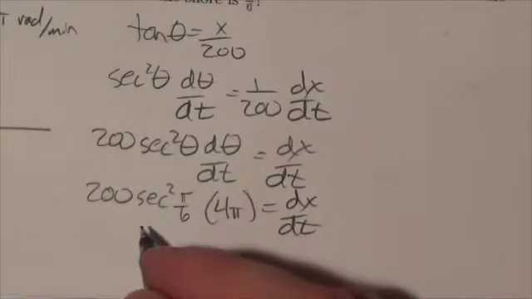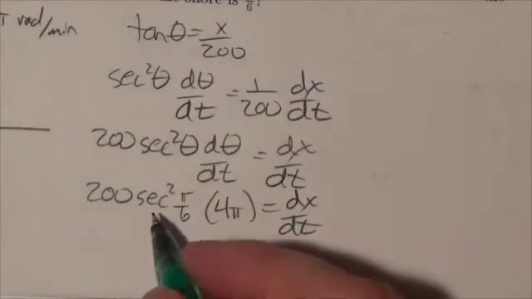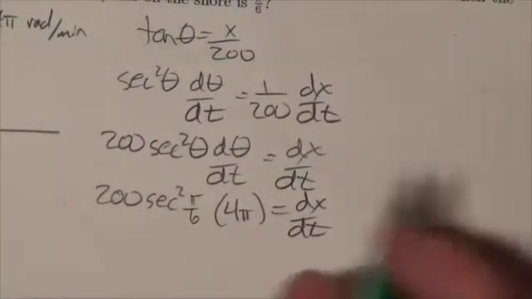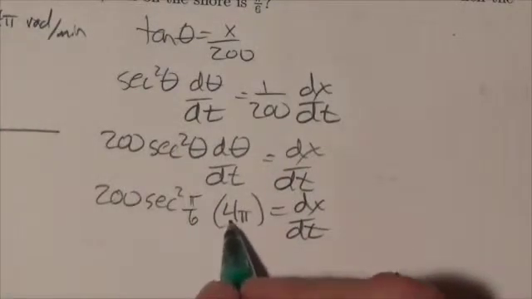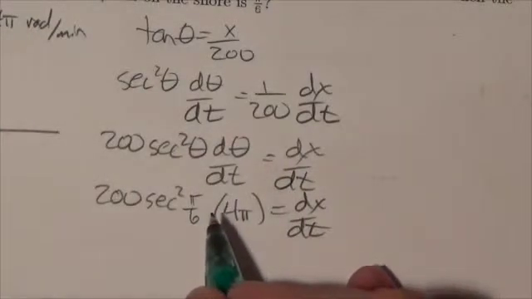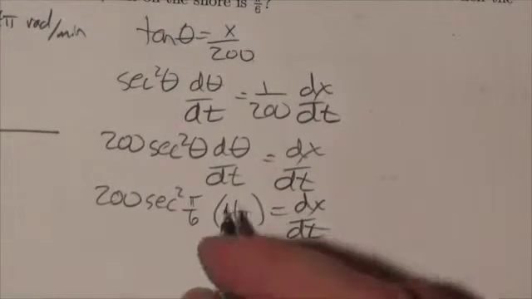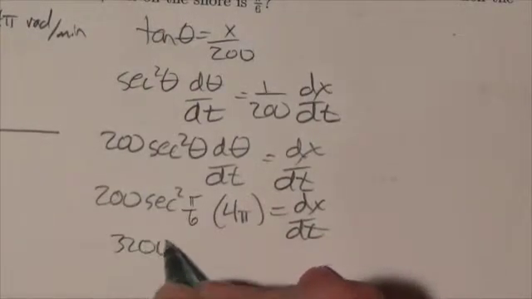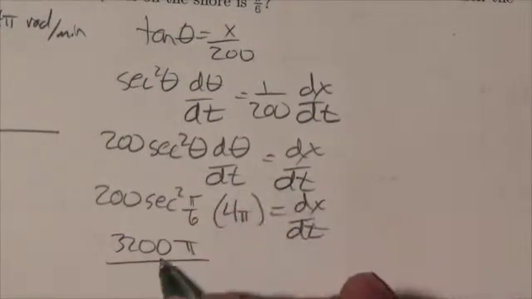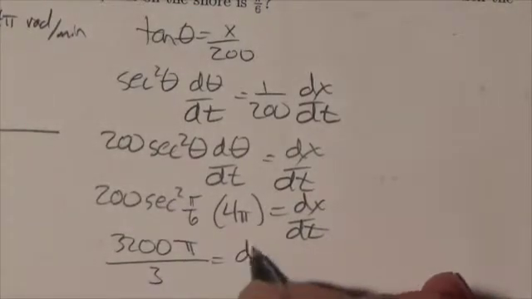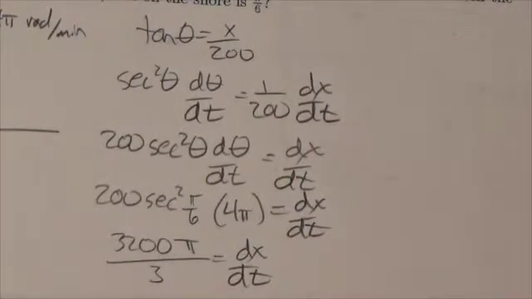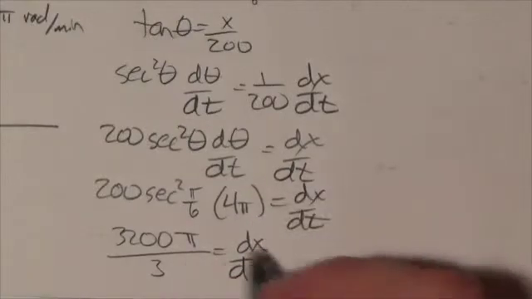So this is going to end up being 200 times 4 over 3 times 4 pi. This is really going to be 200 times 16 pi over 3, or 3200 pi all over 3 equals dx by dt. I could probably get that a little finer.